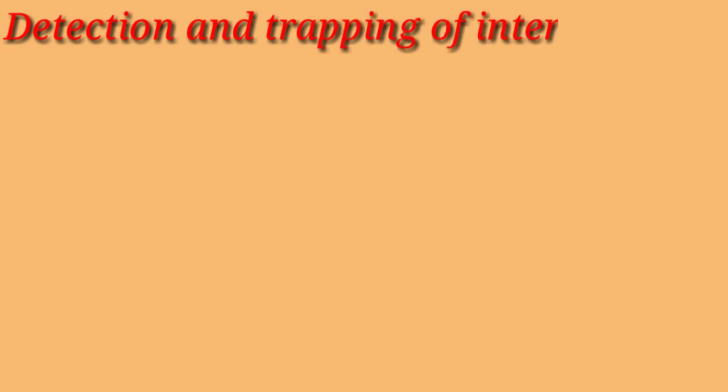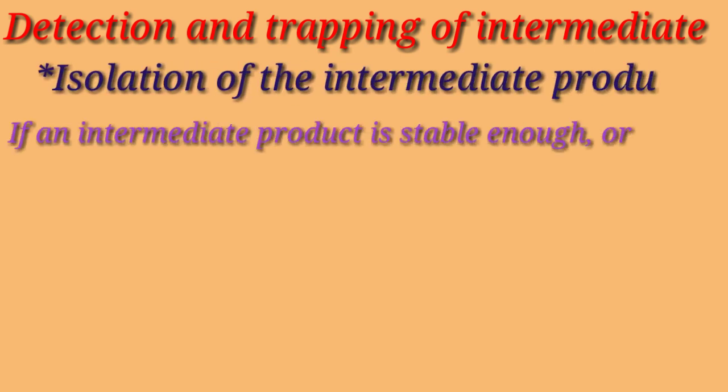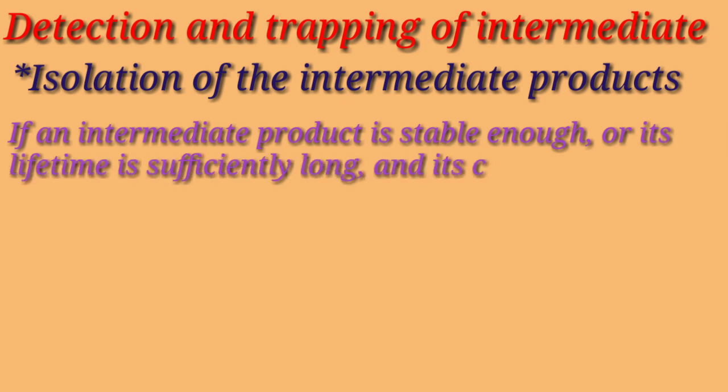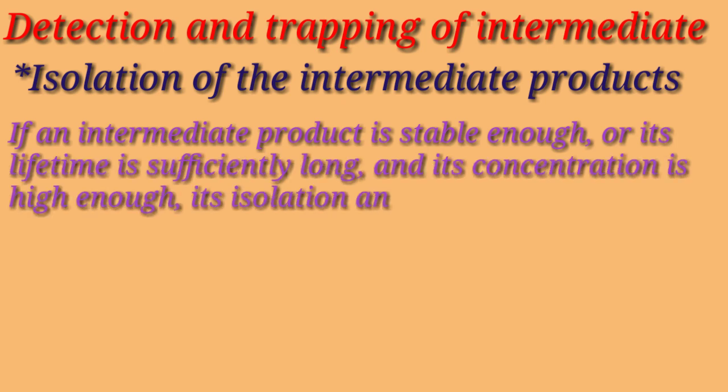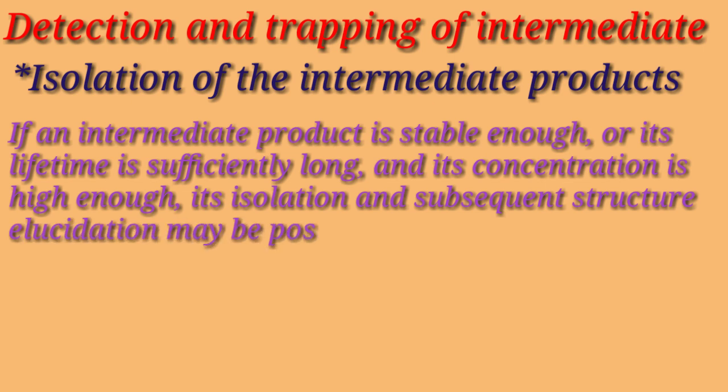Next is detecting and trapping of intermediates. Now we shall see how it is useful in determining the mechanism of a reaction. If an intermediate product is stable enough or its lifetime is sufficiently long and its concentration is high, then its isolation and subsequent structure elucidation may be possible.